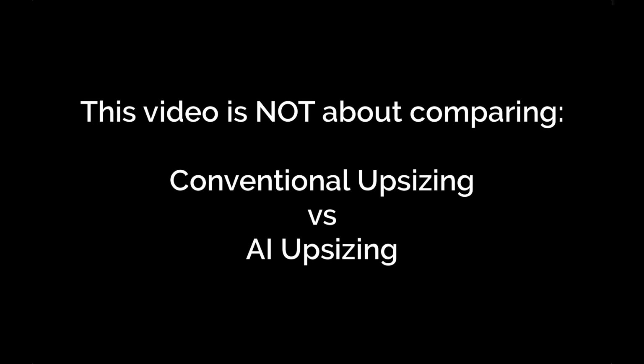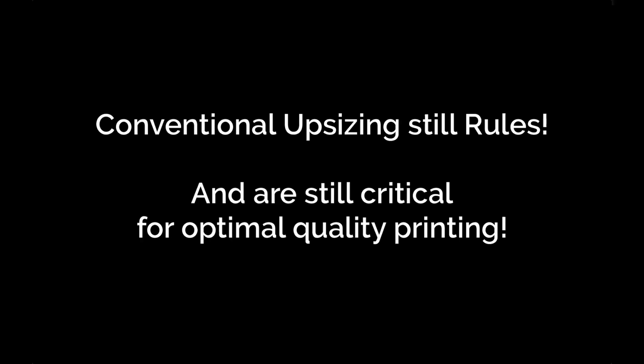And although they are quite useful, conventional upsizing algorithms done right are still foundational and critical and cannot be avoided if you want to make the highest possible quality prints or enlargements.